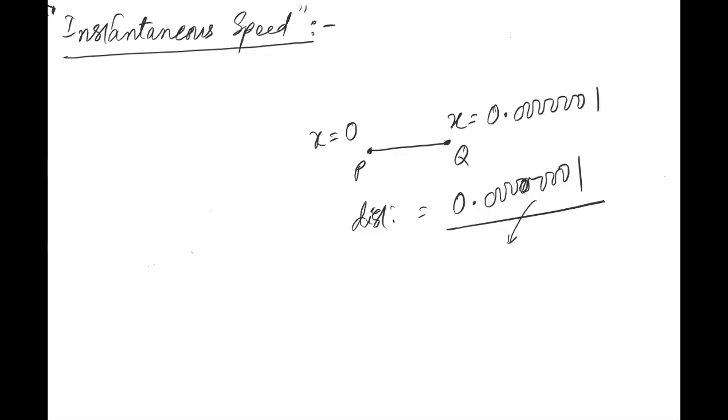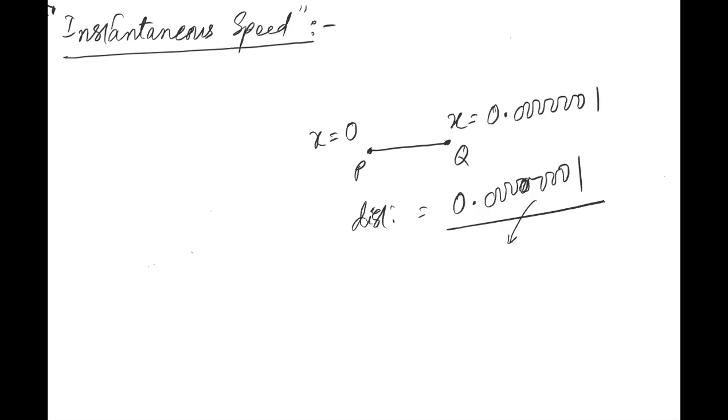Definition-wise, instantaneous speed means the speed of a body at a particular instant of time. Did you understand? Instantaneous speed means speed at a particular instant. और इसको और आसान करूं मैं, in further simple words, the speed of a body at a particular point is basically called instantaneous speed.